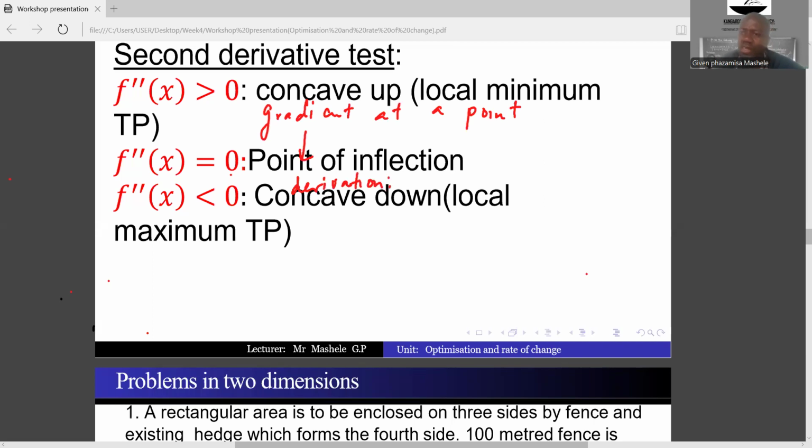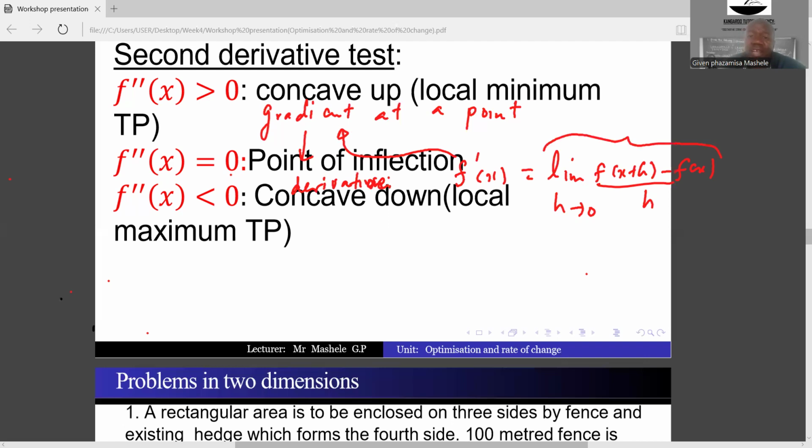That's why, from first principles, we said f prime x is the limit as h approaches 0 of f of x plus h minus f of x over h. This is just a formula to determine the gradient at a point. Remember, how did we get this? We estimated the gradient at a point by using the gradient of a secant.